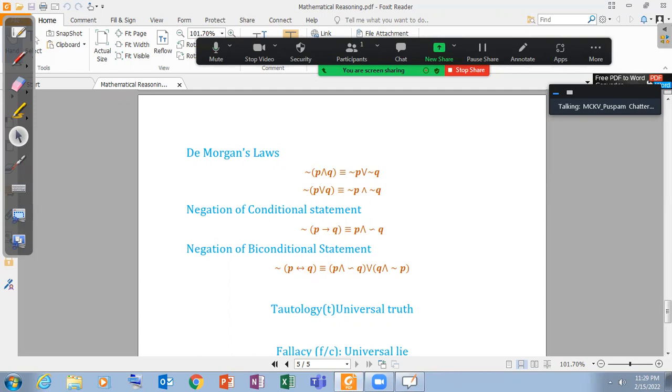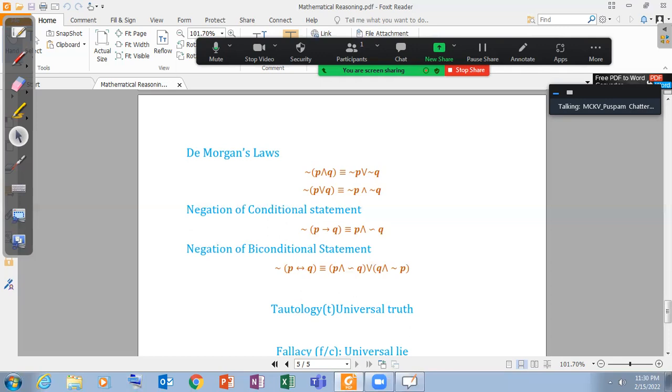Okay. Two concepts which are very important. One is called tautology. Tautology is denoted by T. It is called universal truth. So all of the statements are true. Whichever condition you put, you get T. So when we have to prove something is a tautology, in the last column of the truth table all the T's, all the truths, will come.